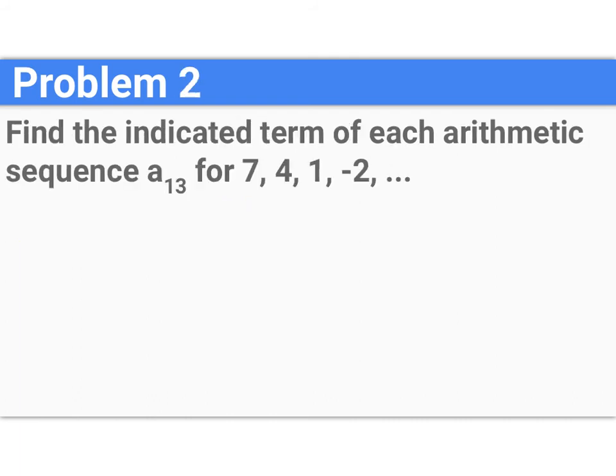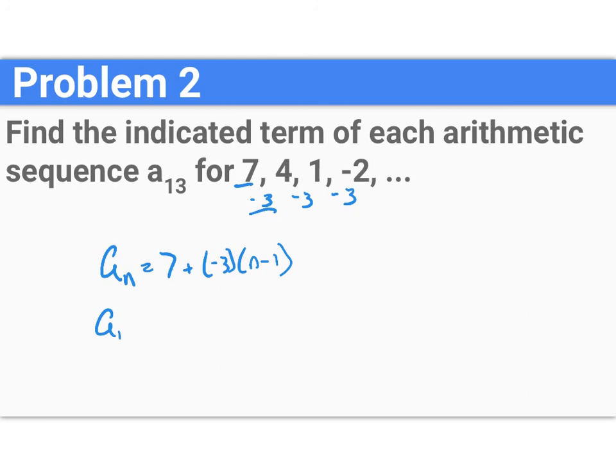Problem 2. Find the indicated term of each arithmetic sequence. Okay, so the first thing you got to do is find the common difference, which is negative 3. So we have our first term, our common difference, a sub n equals 7 plus our common difference times n minus 1.